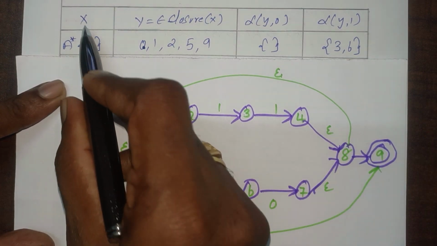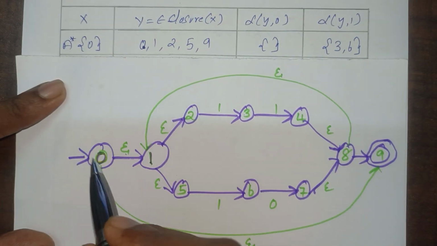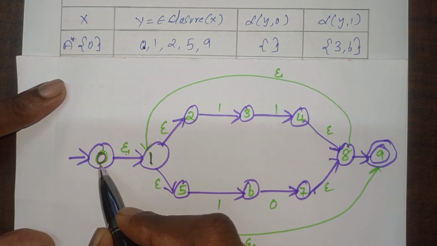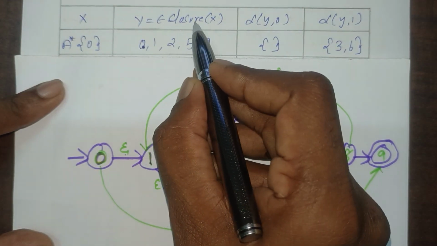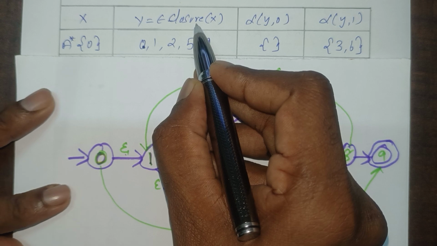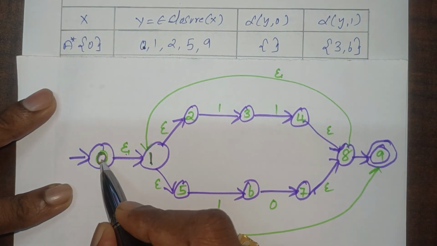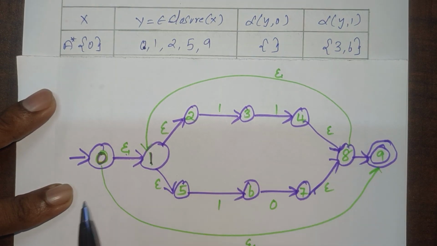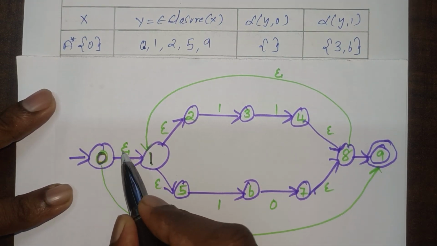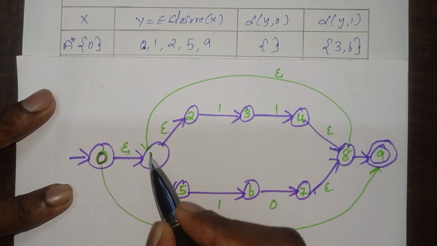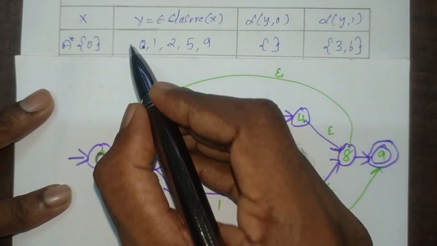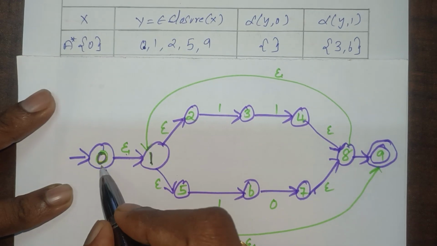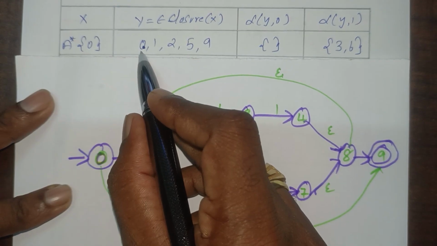Assume that 0 is this particular X. Now we use the epsilon closure and find which states 0 can reach. So 0 is taking epsilon and reaching 1. So I have mentioned 1 here. And 0 has to be mentioned because it is the starting state.